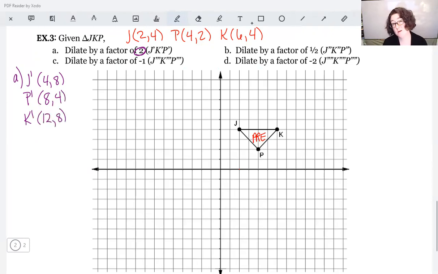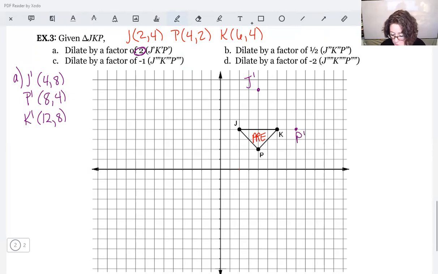This is why we have the bigger graph, to make sure it works. Okay, so 4, 8. There's our J prime. P prime is at 8, 4. So 4, 4, and 8. There's P prime.